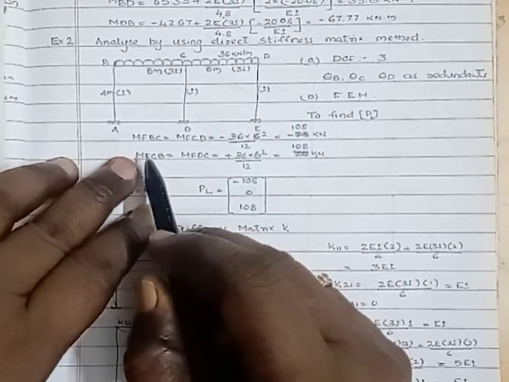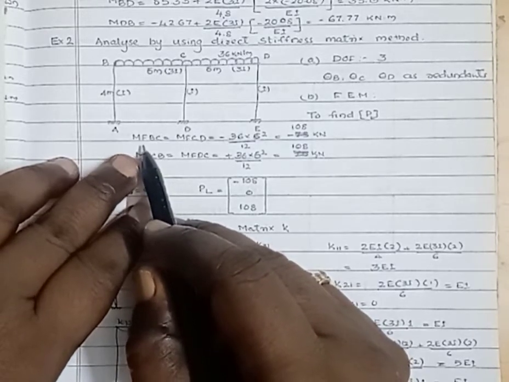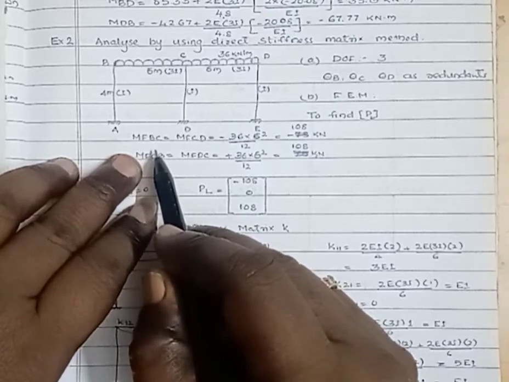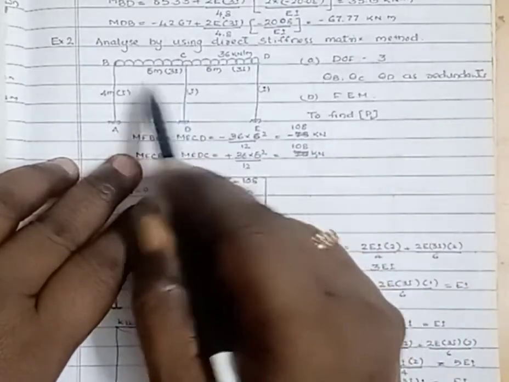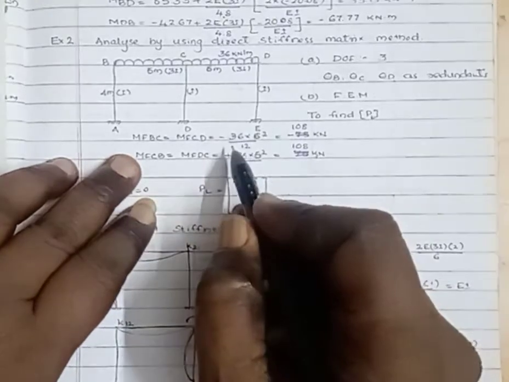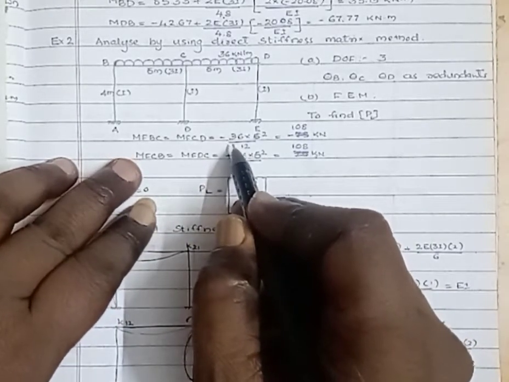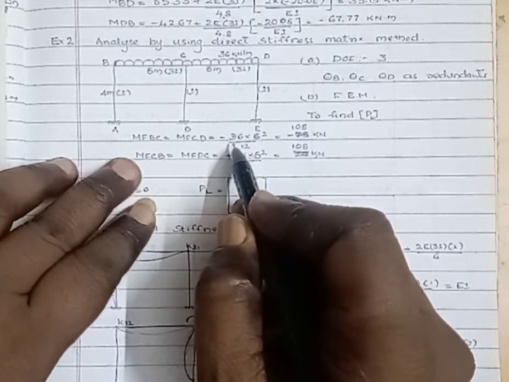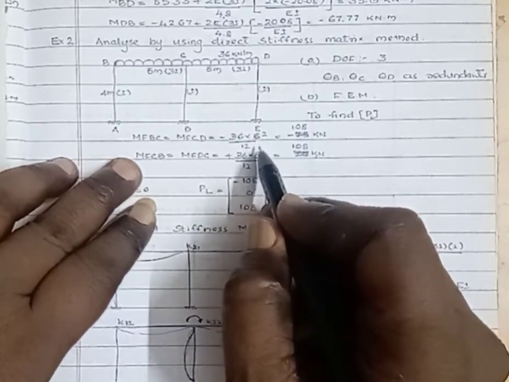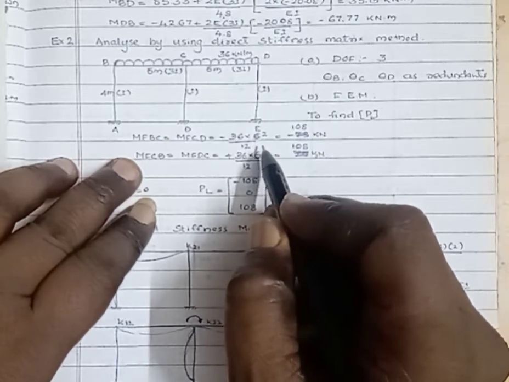For the horizontal beams, both spans are equal with the same moment of inertia, and are subjected to 36 kilonewton per running meter over a length of 6 meter.